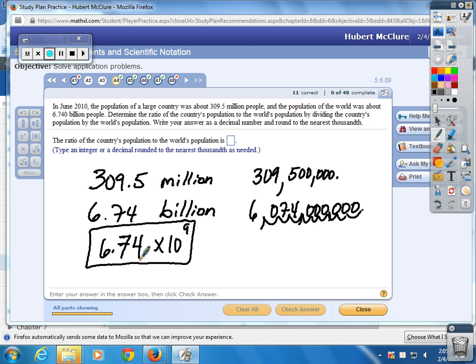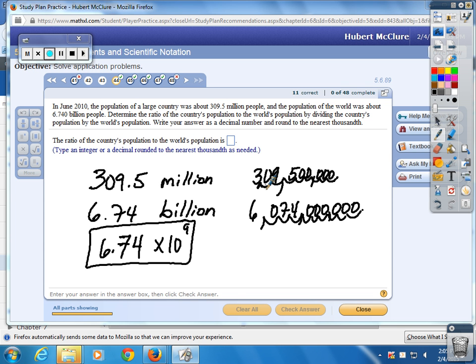Okay? Now, what's this one? 1, 2, 3, 4, 5, 6, 7, what? 8. In this case, you can't say that is 8 because what? You say 6, and then 7, 8. You could do that if you wanted to. But this one we could do it because this is already in scientific notation.